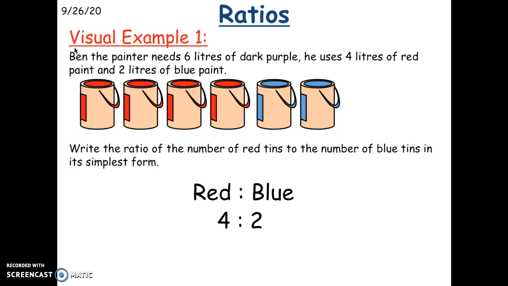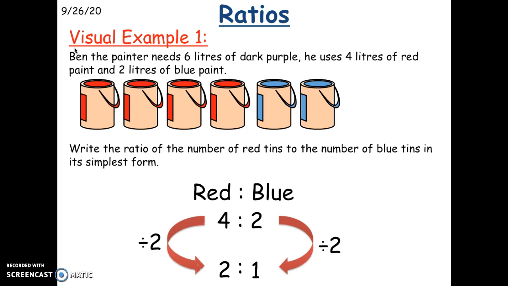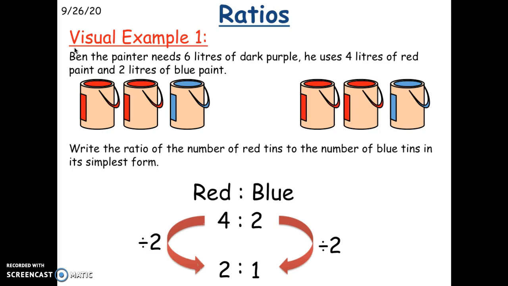I don't think so. Let's see. We can further reduce. So we identify the highest common factor, and that is what we are going to divide both sides by. So we will divide 4 by 2, and we will also divide 2 by 2. Good, so we scaled down in this case. This was scaling down. We reduced to its simplest form.